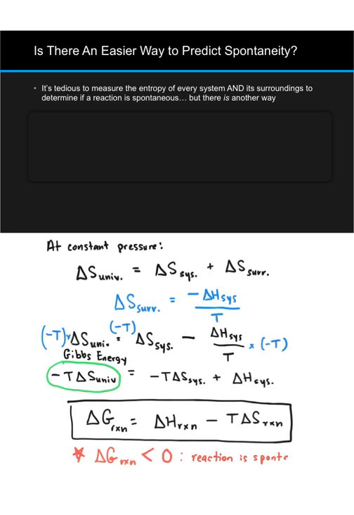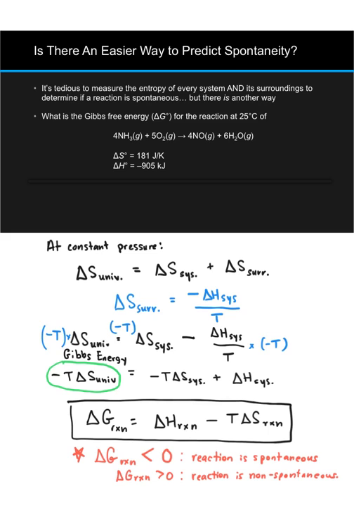So anytime delta G is negative for a reaction, we have direct, incontrovertible evidence that a reaction is spontaneous. And conversely, if delta G for a reaction or process is positive, if it's greater than 0, then a reaction or process is non-spontaneous. And with this measure of spontaneity, the Gibbs energy, or delta G for a reaction or process, we can directly predict the spontaneity of a chemical reaction.